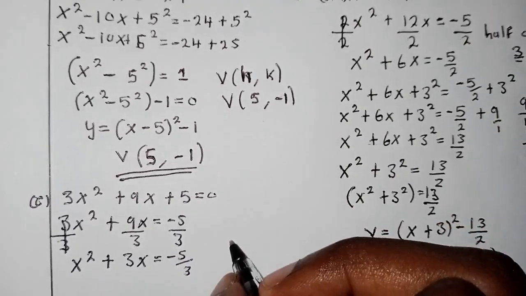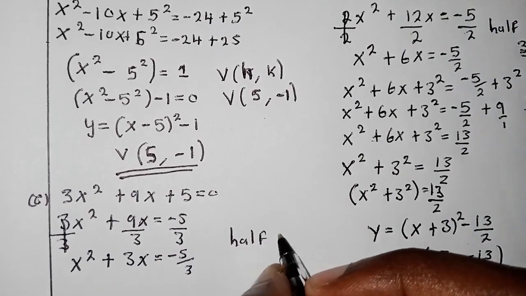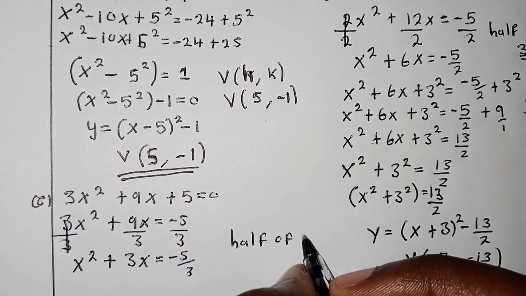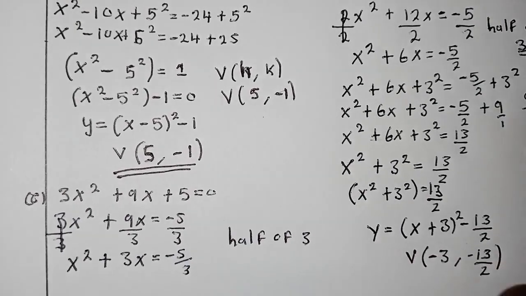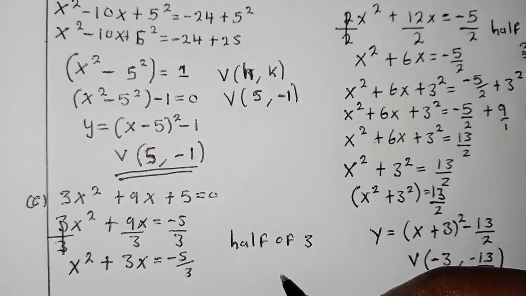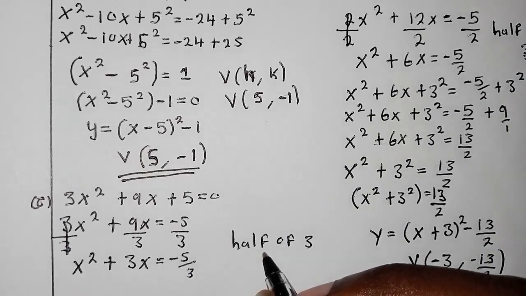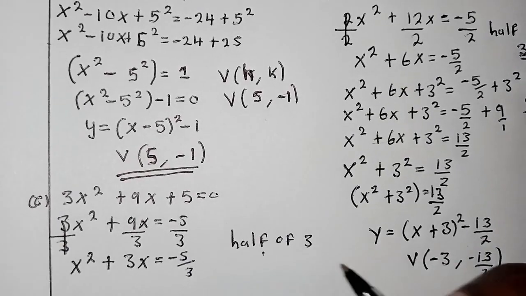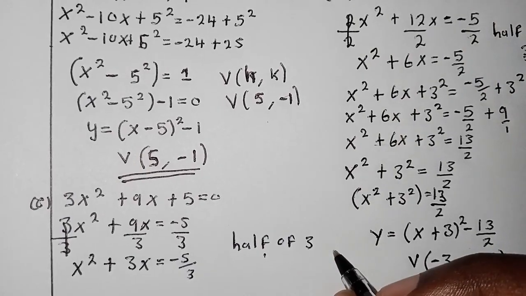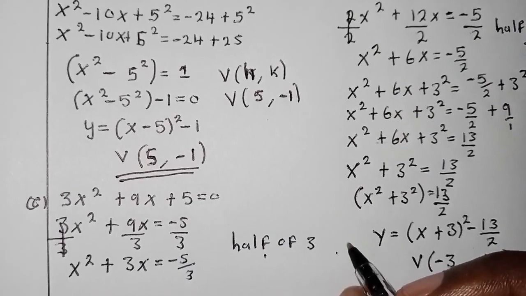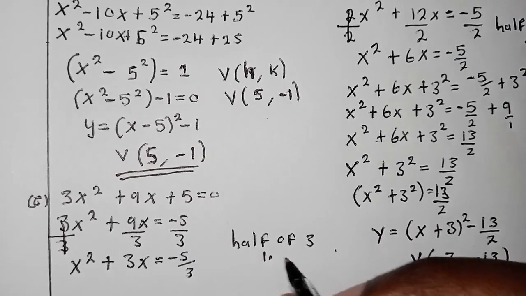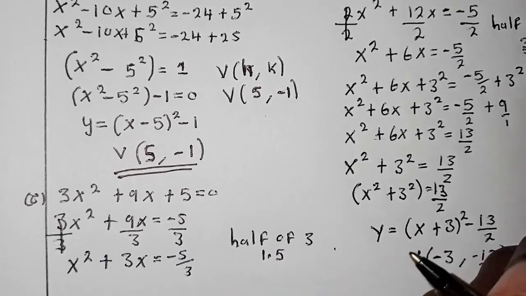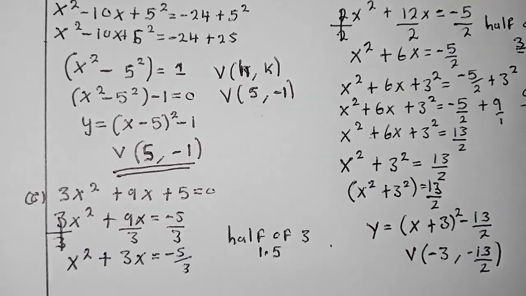Then we say that half of 3, what is half of 3? Is simply 1.5.